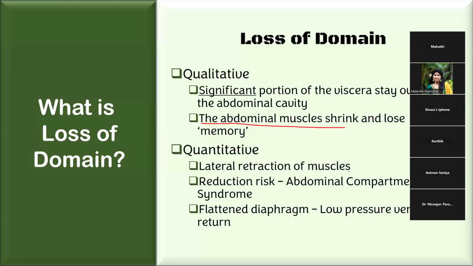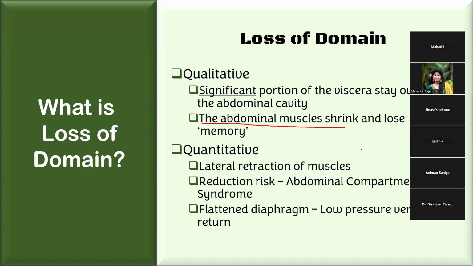They also become fibrosed and lose their elasticity. So the core that supports the abdominal viscera that we talked about earlier, its function is lost. Earlier we used to bother only about the defect and bridge the defect whichever way we wanted, put a mesh and be done with it.